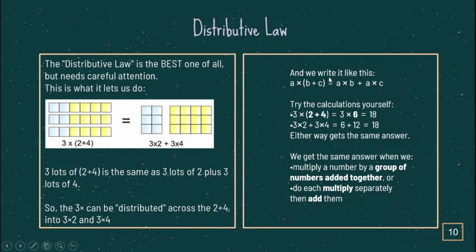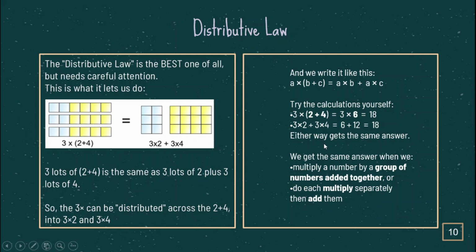And we write it like this: a times (b plus c) equals a times b plus a times c. Try to calculate it yourself. 3 times (2 plus 4) equals 3 times 6 equals 18. 3 times 2 plus 3 times 4 equals 6 plus 12 equals 18.